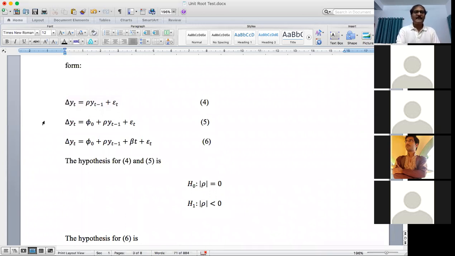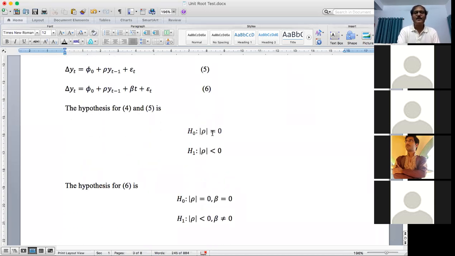Similarly in equation 5, to get equation 5, you have to subtract yt minus 1 from both sides, and you have delta yt in the left hand side, and in the right hand side, the coefficient for yt minus 1 becomes rho. Rho is equal to phi 1 minus 1. You have to keep in mind. So if rho is equal to phi 1 minus 1, the hypothesis we have set earlier will transform into this form.